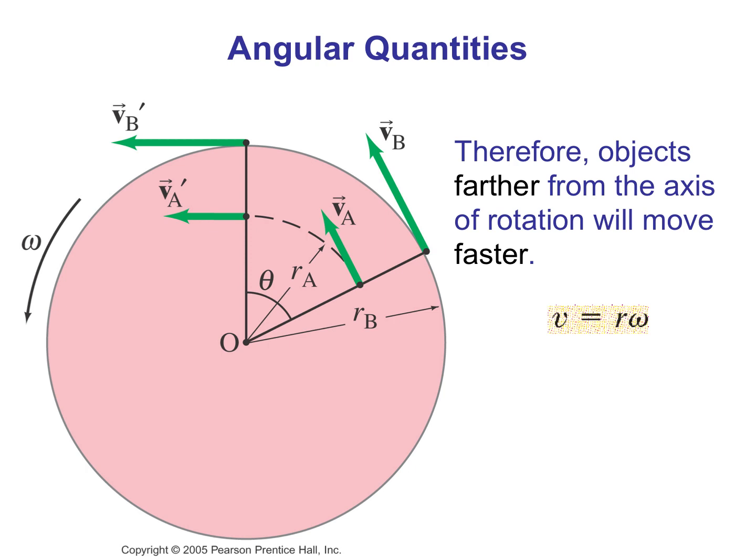So this is extremely important because this brings us to this idea. Imagine you're sitting on this disk, and certainly the point that is closer will have a different linear speed than the point that is further away. And why is that? Because this angular velocity is the same for both of those points.